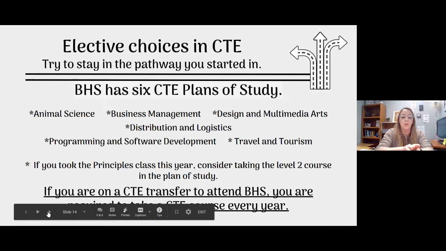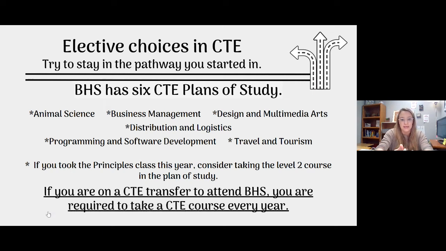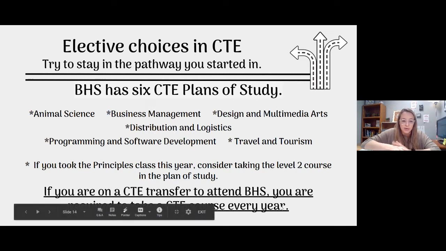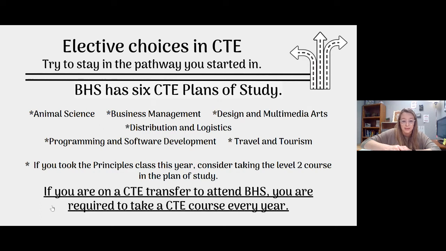Electives. We have a lot of CTE or career and technology electives. We have 6 pathways or 6 plans of study. There's animal science, so your FFA, business management, design and multimedia arts, distribution and logistics, programming and software development, travel and tourism.